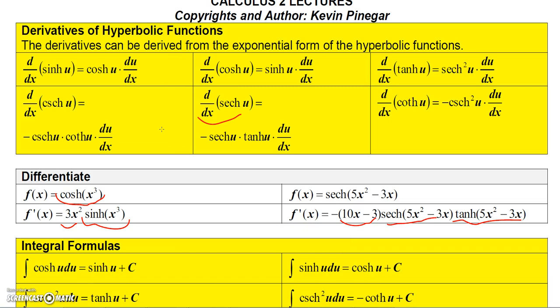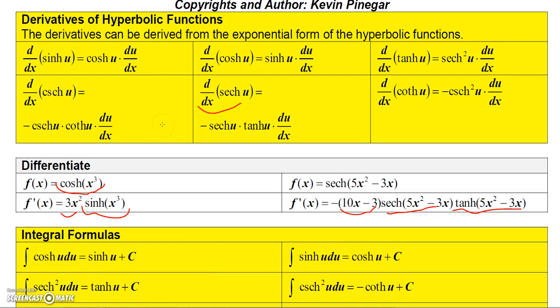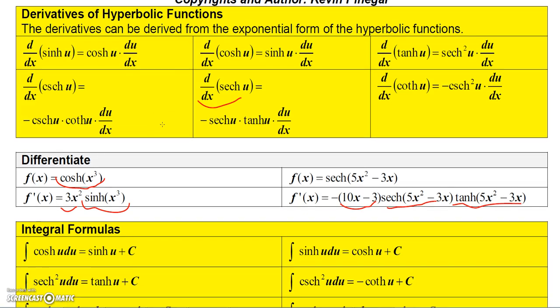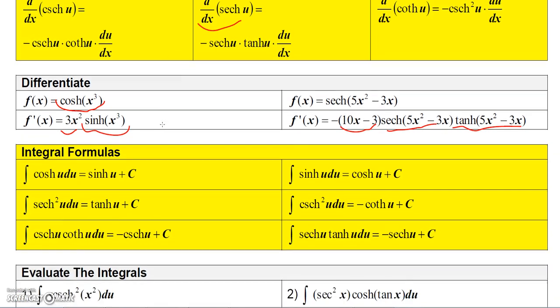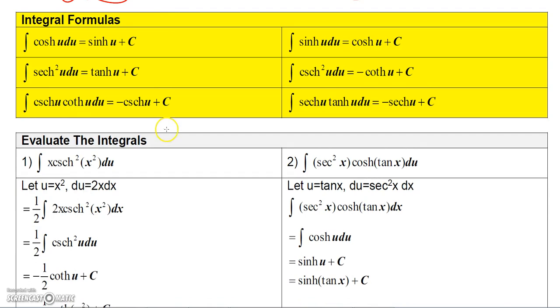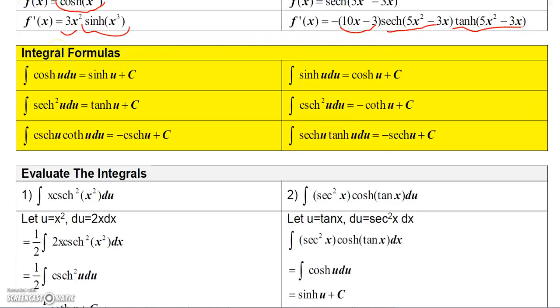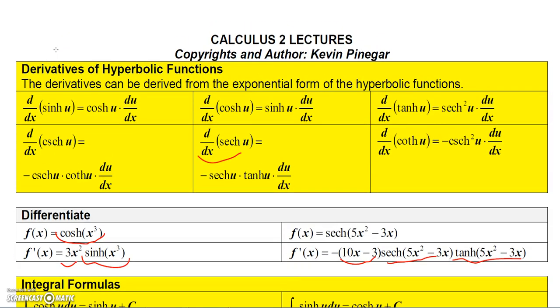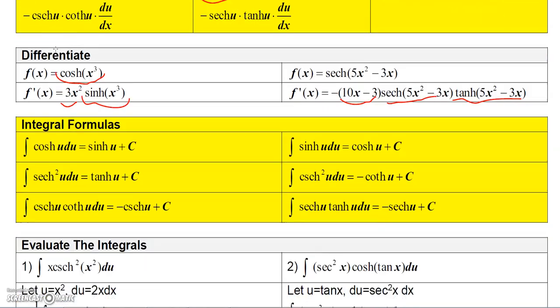Okay, so that's derivatives, and you can just read the other formulas if you want to, or write them down, save them if you want to. Now, go ahead and look at these integral formulas, and these integral formulas actually come directly from these derivative formulas up here.